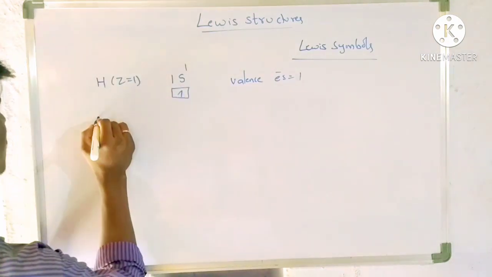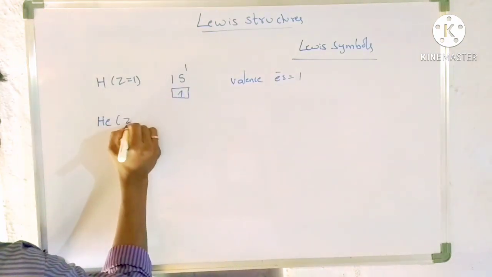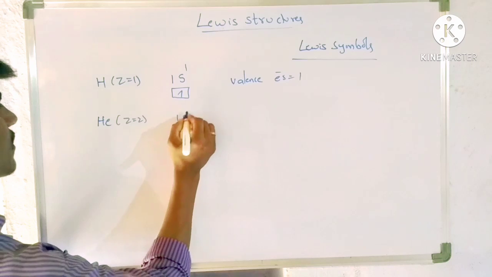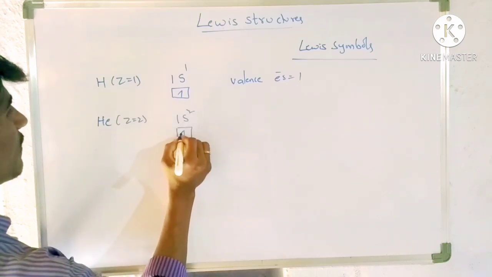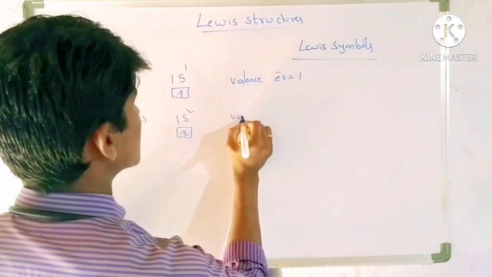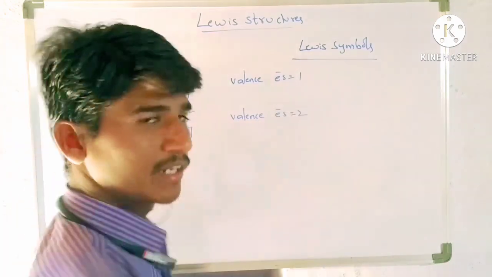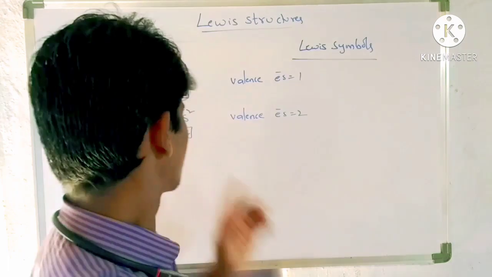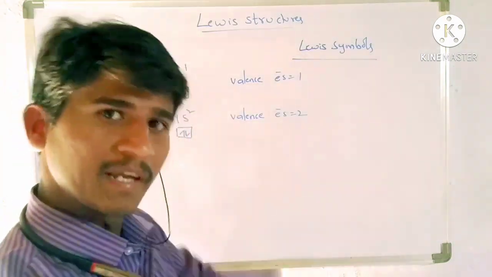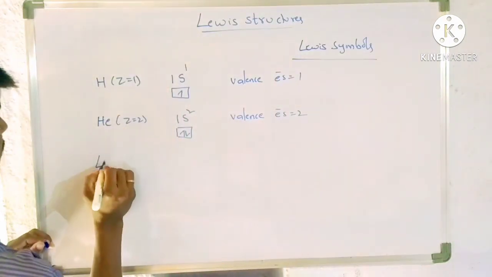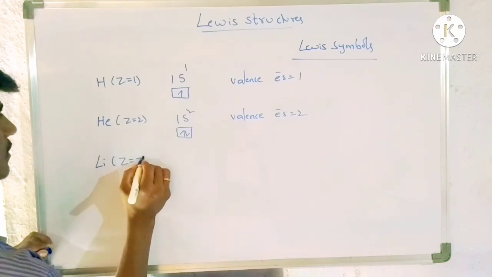Next, coming to helium, Z is equal to 2. The electronic configuration is 1s2. Now how many valence electrons are there? Here you have 2 valence electrons, and the 2 are paired only. Next, coming to lithium, Z is equal to 3.